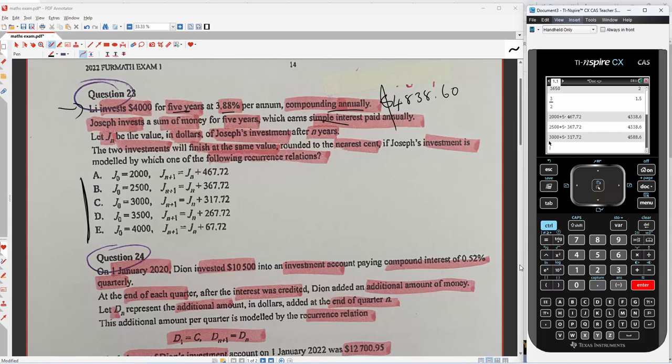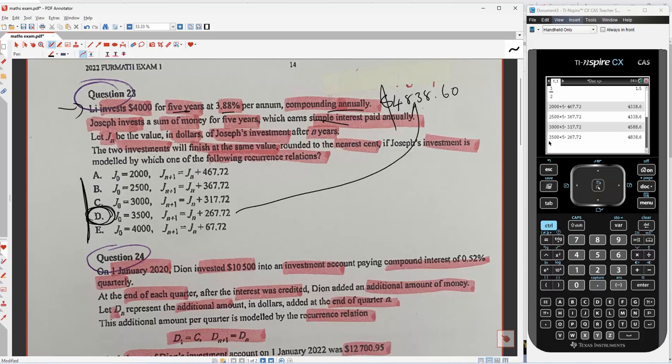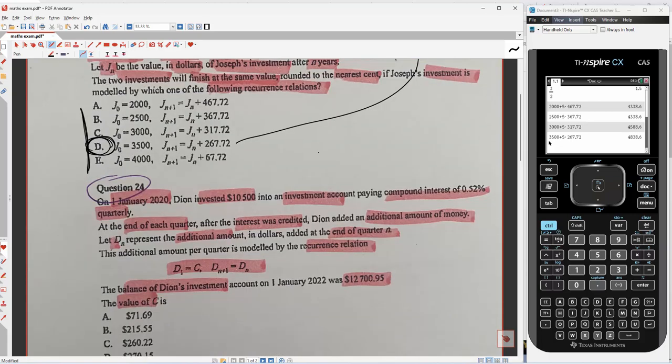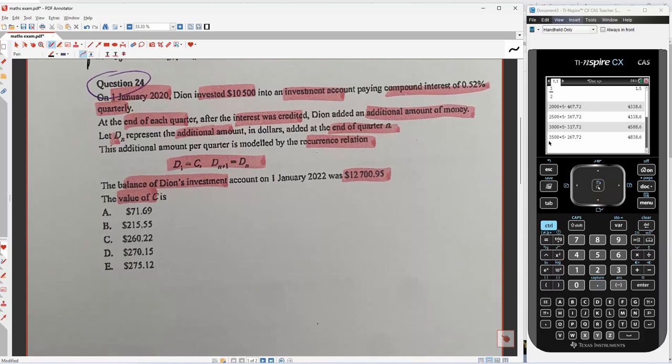A little bit more this time. Okay, I reckon it's the next one. 3,500 plus 5 times 267.72. Bingo. Alright, so this one here means that Joseph, after 5 years, will match Lee's compound investment. Alright, this one.